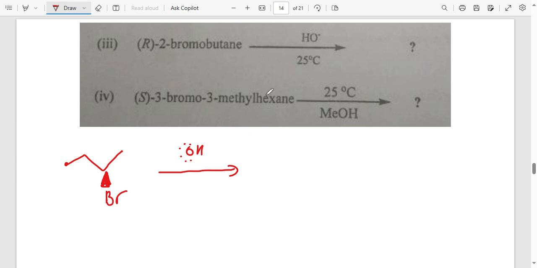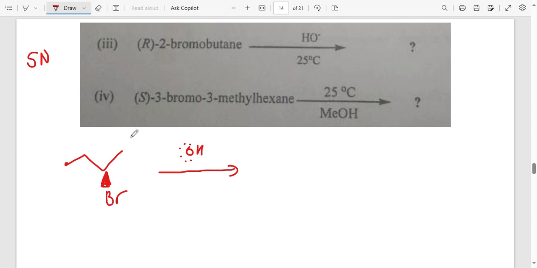Now, one thing that we need to know is that when we lower temperature, the reaction is going to go more with the S reactions instead of the E reactions. So the major product should be by SN. Of course, it's supposed to be SN2, right?